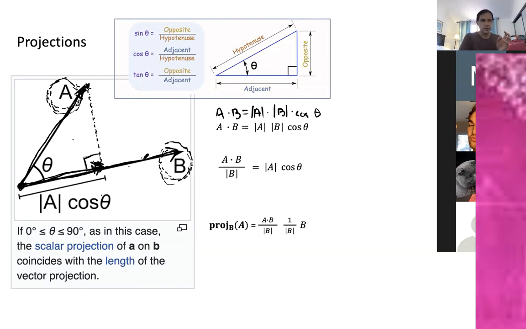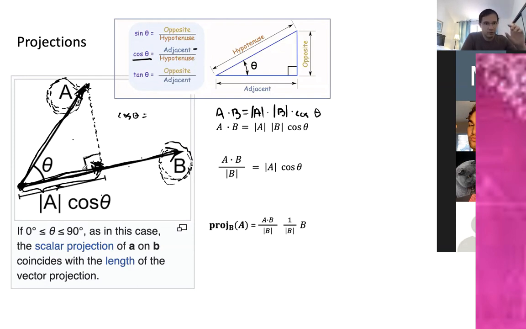Okay, so I would like to know what's the length of this. So let's call this, just for a second, x. If we call this x, then what is cosine theta? Cosine theta is the adjacent divided by the hypotenuse.